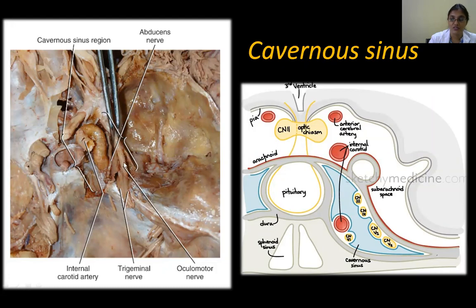So the relations: the oculomotor is related to the trochlear below, and the trochlear is related above with the oculomotor, below with the ophthalmic division of the trigeminal. Then the abducens is within the cavernous sinus, closely related with the internal carotid artery. So that's the course, and these are the relations.